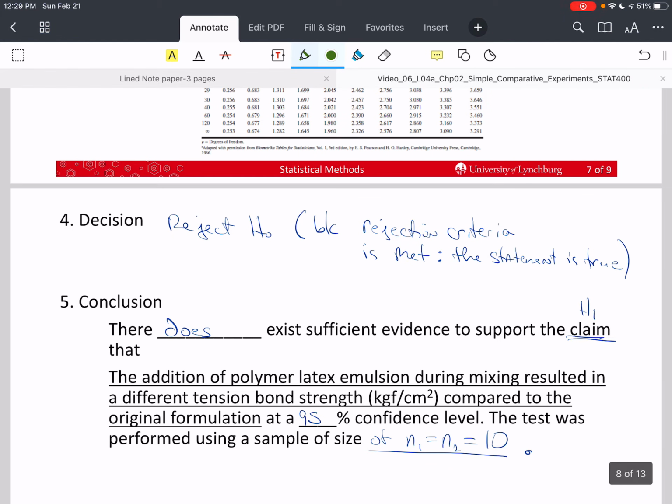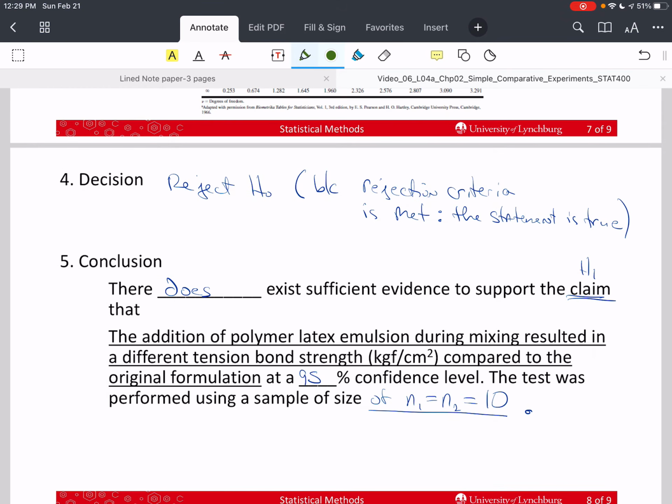Just remember that you still have to program it to say either the probability that you get or 2 times that. And since H naught, mu1 minus mu2 not equal to 0, was our claim, this means we multiply the probability of getting a test statistic as far away from the mean as the one we obtained by 2. So our actual test statistic will only be in one of the tails.